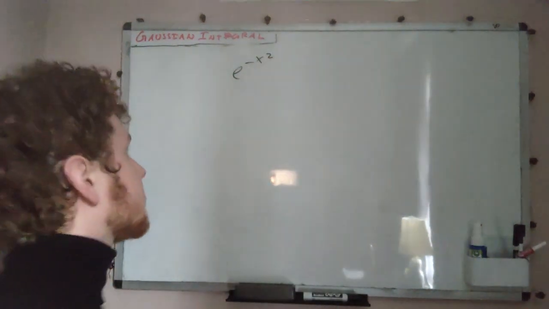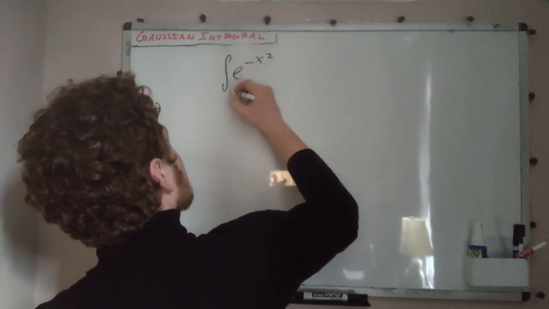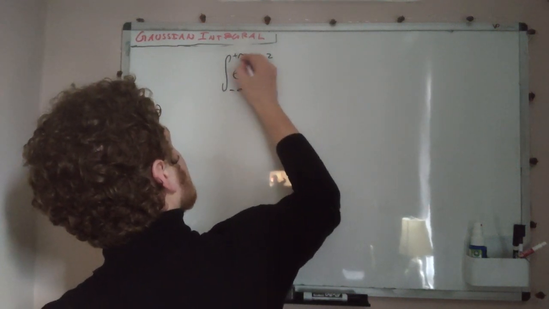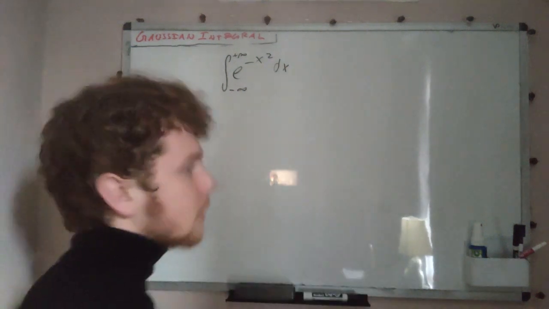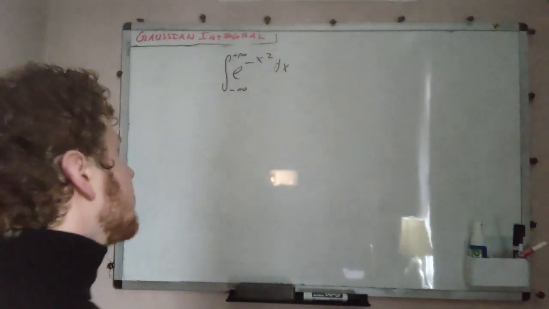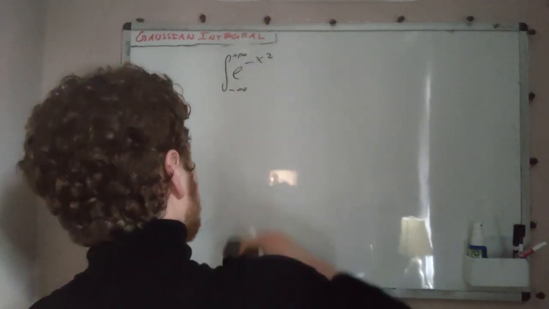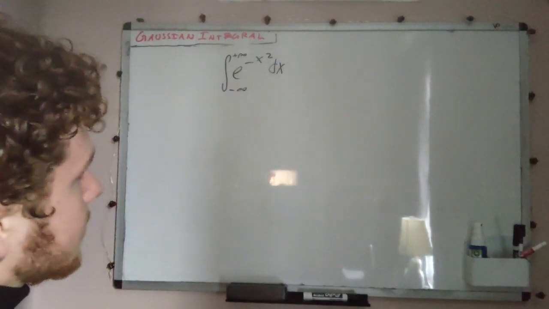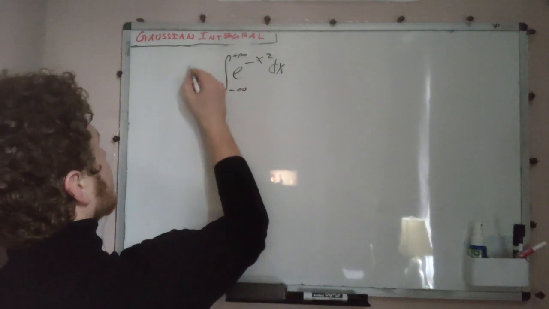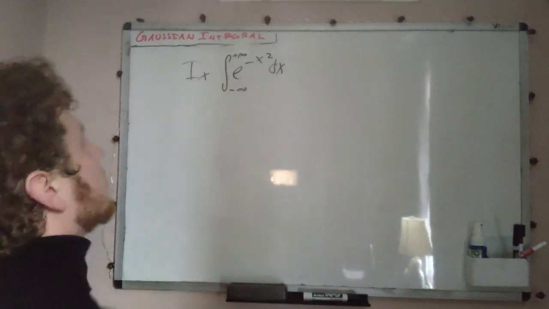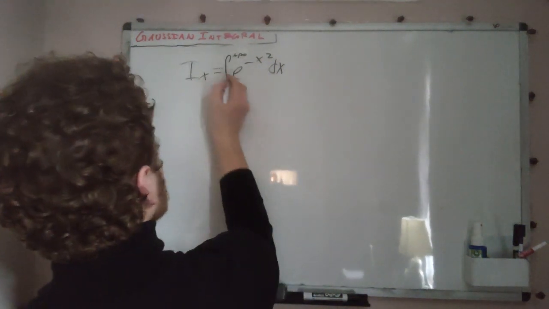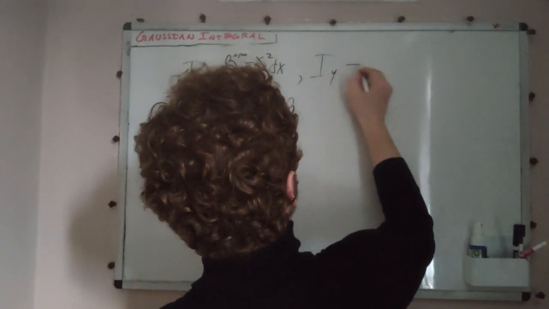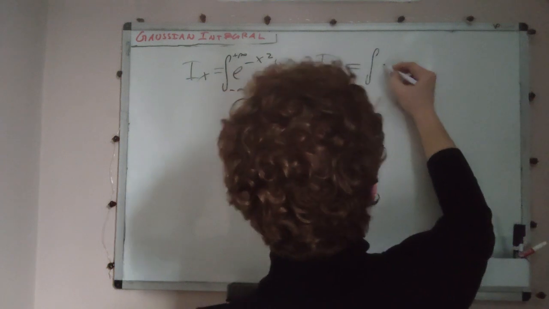And if you were to integrate this with respect to x, you of course come to the same problem of a non-elementary function. So I'm going to define this as I sub x, an integral with respect to x. And I'm going to define a second integral, I sub y, which is the exact same integral, but using y.